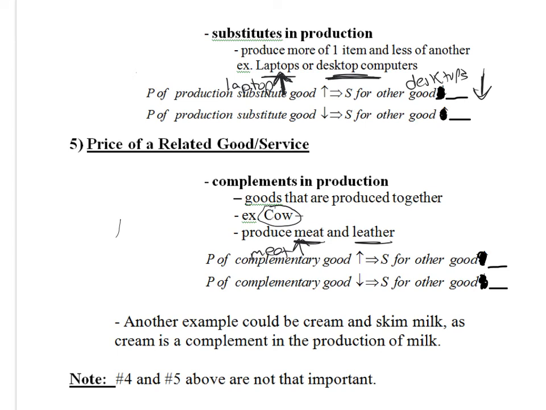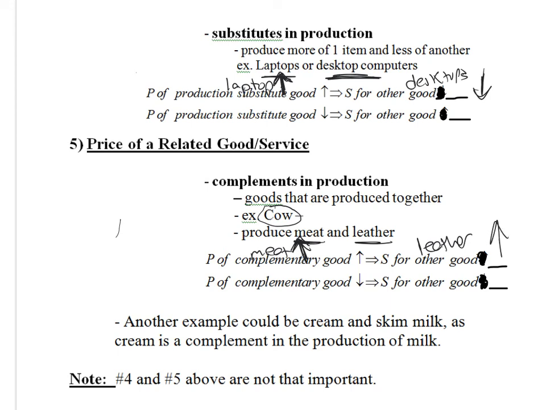Well, if you supply more cows, you kill more cows, then at the slaughterhouse you also have more skin, more hide to make leather. So even though the price of leather has not changed, when the price of meat goes up, more cows are put to slaughter, therefore there is an increase in the supply of leather.